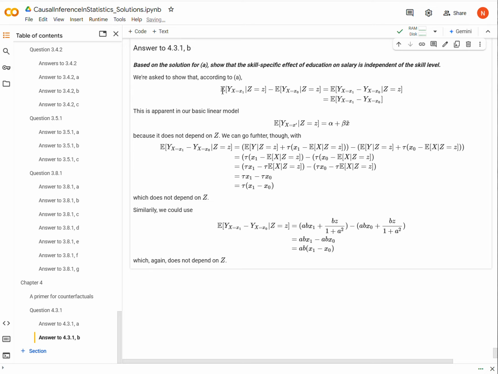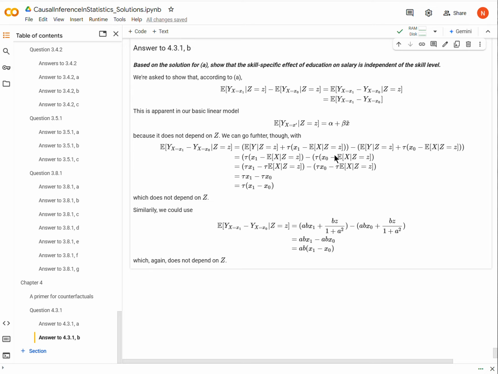So if we want to find the causal effect, we're going to take this guy and expand it. So we have all of this, where our x prime is x1, and then I'm going to subtract the same thing, now x prime is x naught. Now notice that if I subtract this term from this term, they both have this in common, so that drops out.